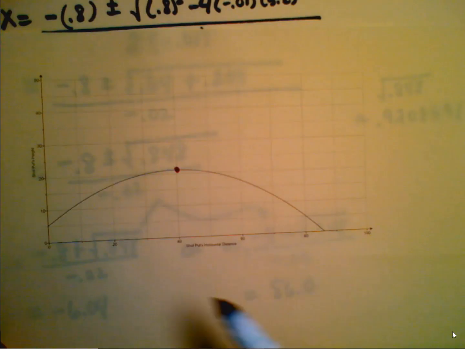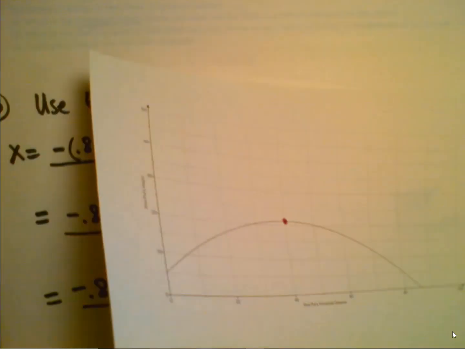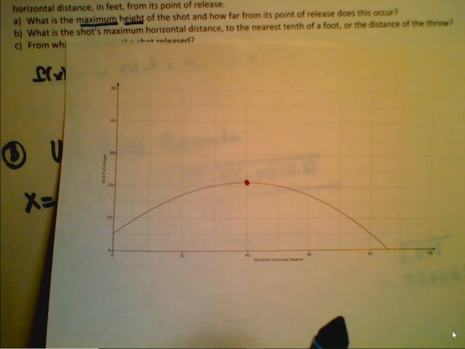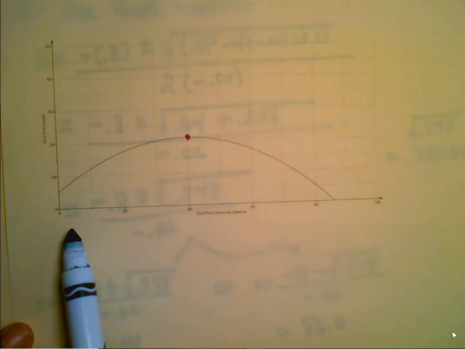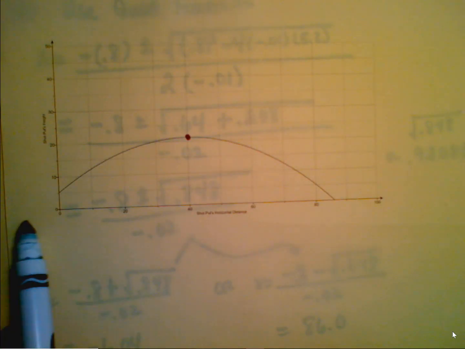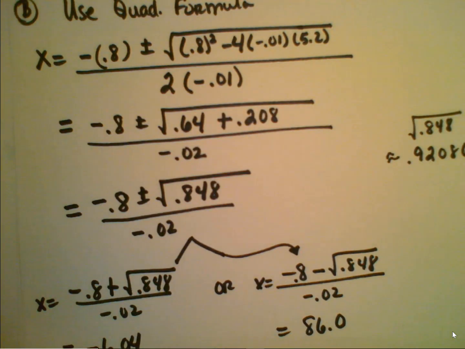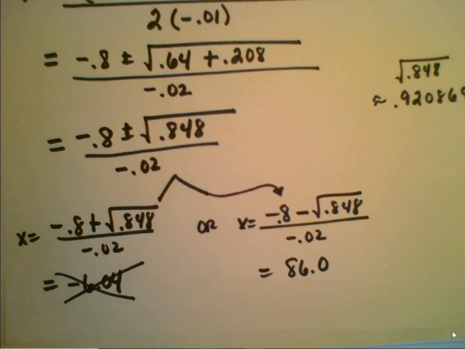Okay, so one of these we will have to reject, because if you look at going back to our diagram, and we're talking about our, what's that again? Let's go back to that question. We're talking about the horizontal distance. There is no way that we're on the negative side of the x-axis. We're on the positive side. So we can reject negative 6.04.